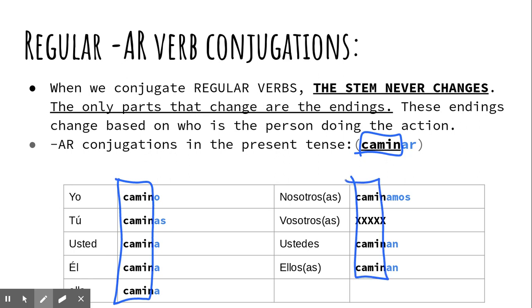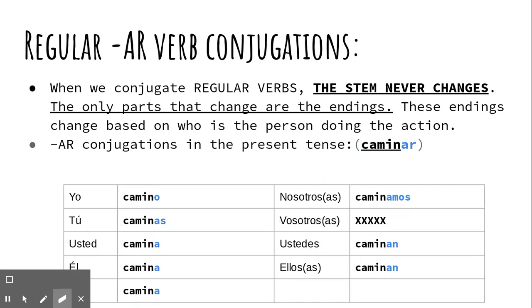Now, why do I have X's in the word vosotros or the conjugation of vosotros? That's because we're really not going to use the conjugation of vosotros in this class, so we don't have to worry about this. Once again, the only thing that changes is the ending.